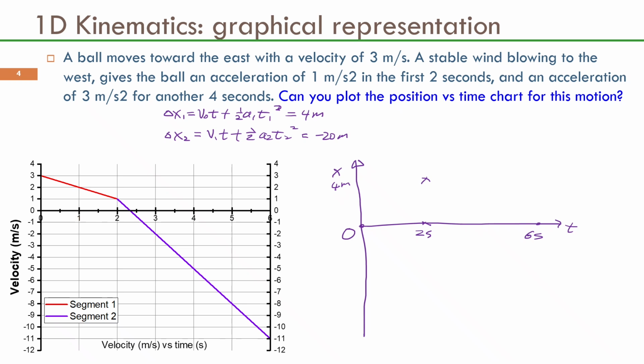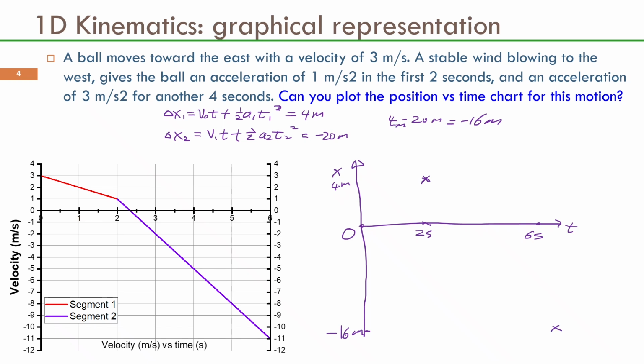So 4 meter is its initial position, and 4 minus 20 meter gives us its new position, which is minus 16 meter. So it should be somewhere here. The position is minus 16 meter. So at 6 seconds, you should have a dot here, right?